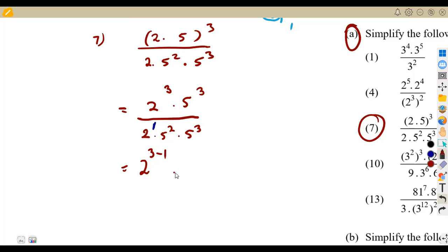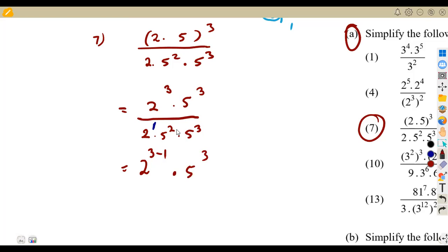All right, on 5, you do the same thing. This part is 5 to the exponent of 3 on top. But these ones there are multiplying each other. If I consider that I'm dividing, I subtract the exponent.